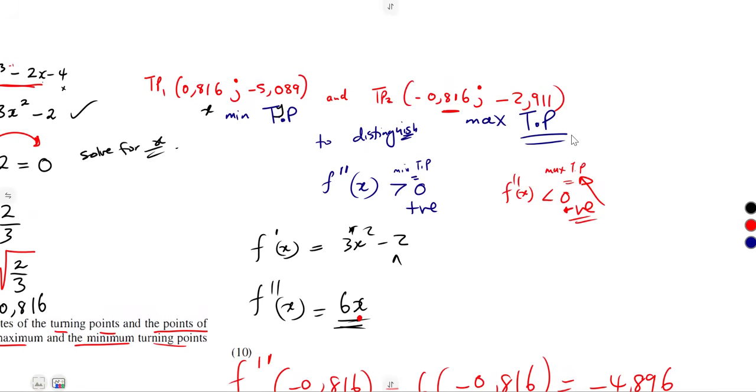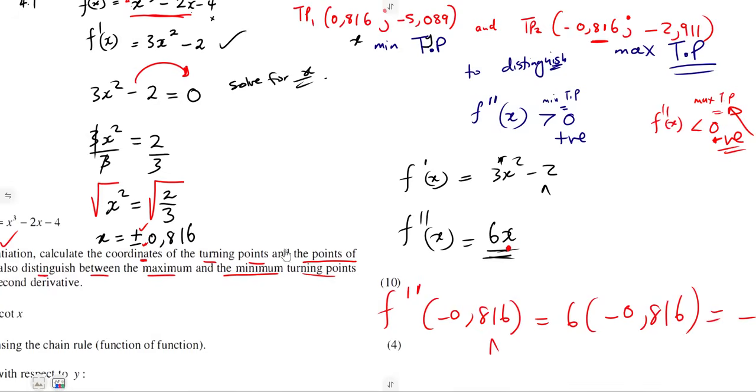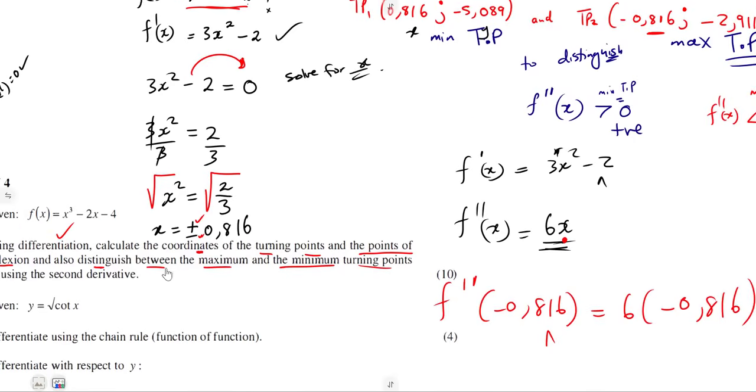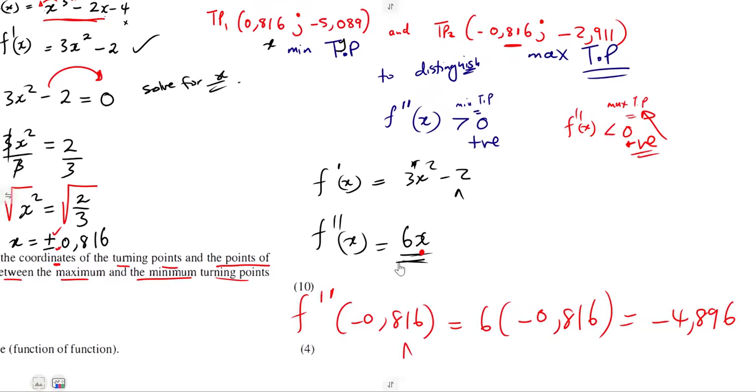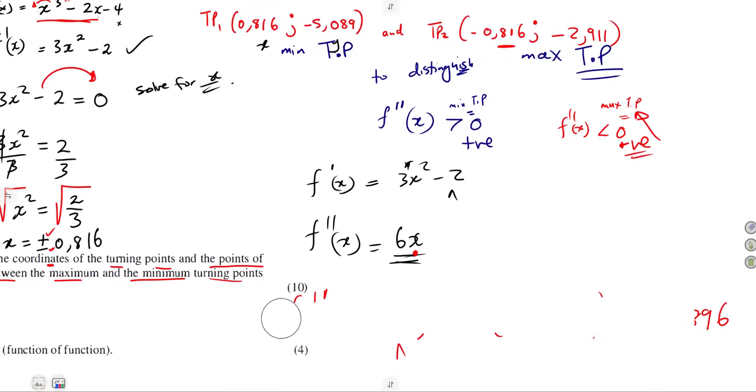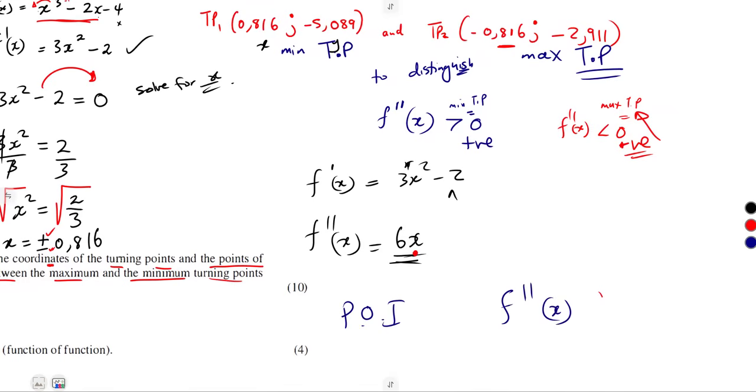So that was it. We also have on our question the points of what? Of inflection. So for the point of inflection, guys, the second derivative must be equal to 0.